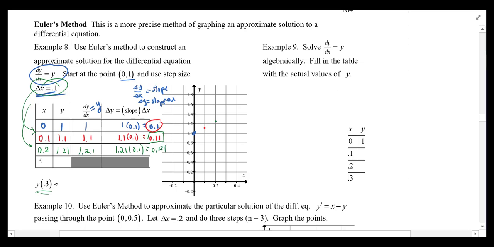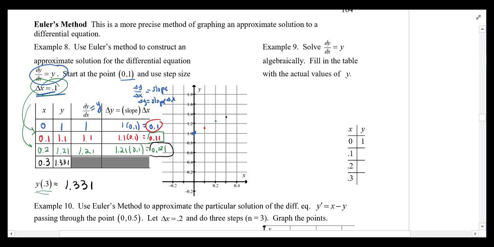Finally, if I add 0.1 one more time to x, I get 0.3. And adding the 0.121 to 1.21, that's 1.331. So my estimated value for y when x is equal to 0.3 is 1.331.